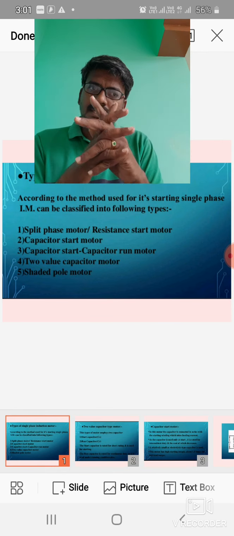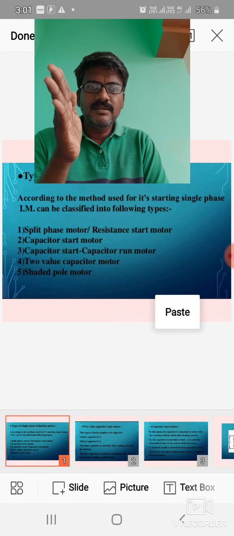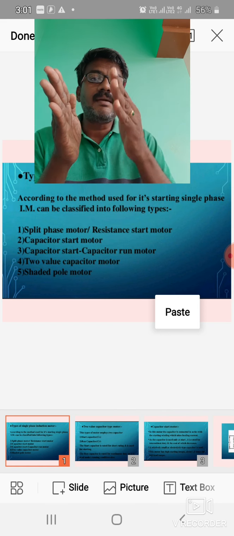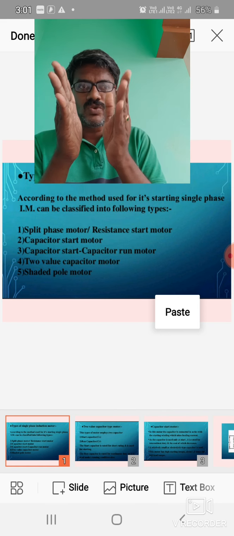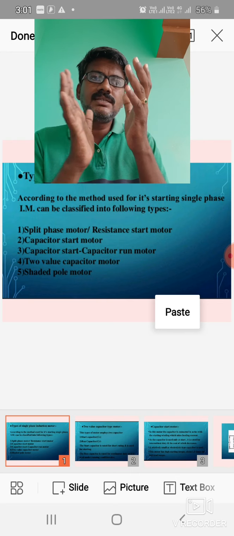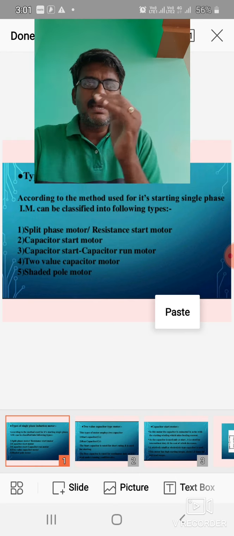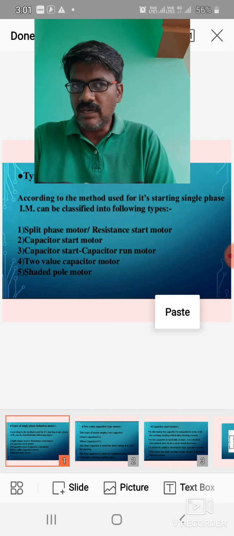The second one is a capacitor start motor: the main winding plus a capacitive winding, where you connect a capacitor in series with the second winding. And the third type is the capacitor start and capacitor run motor.